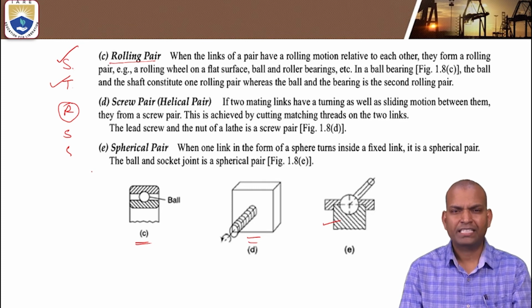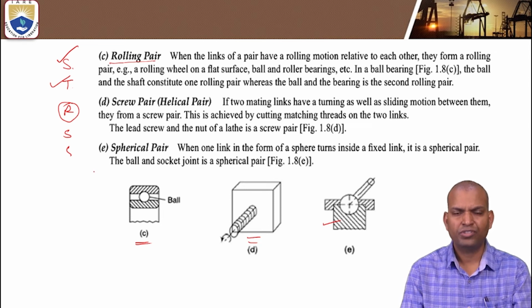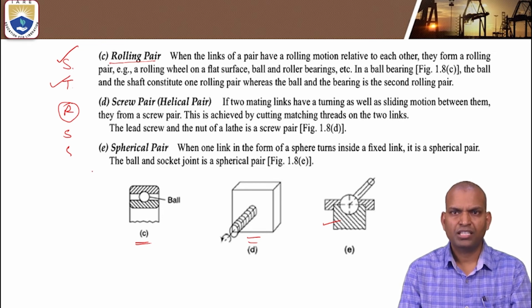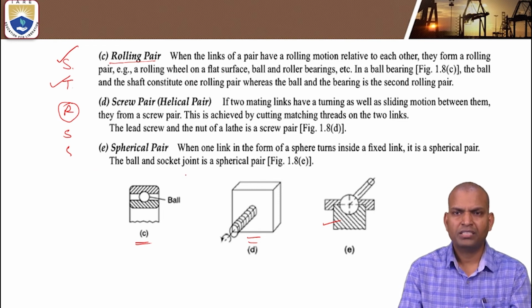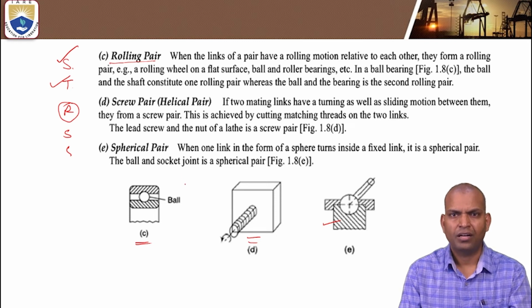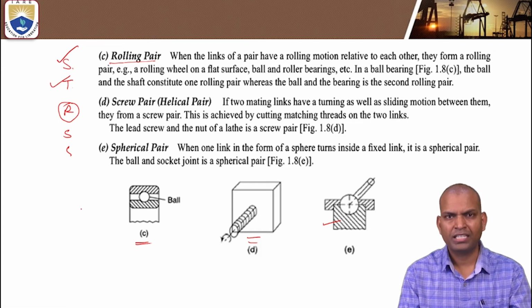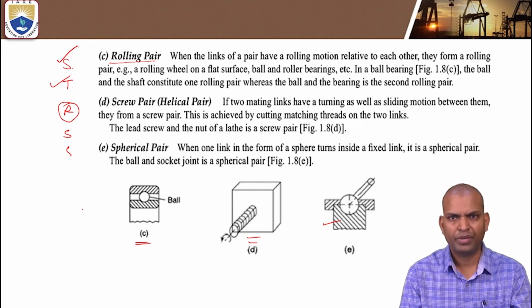When the two links have a rolling motion between them or related to each other, then it comes under the category of rolling pair. So here the examples of rolling pair is very important, is that when the rolling pair is, example is that we already discussed roller bearing or ball bearing. So ball and roller bearings comes under the category of these rolling pairs.